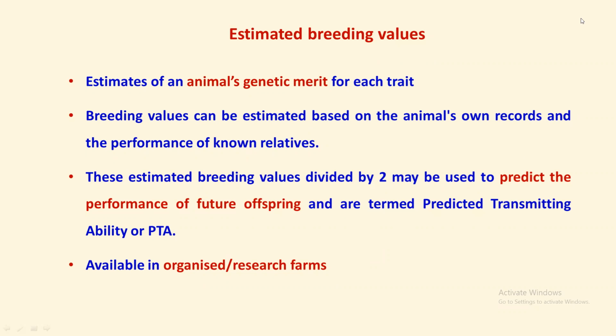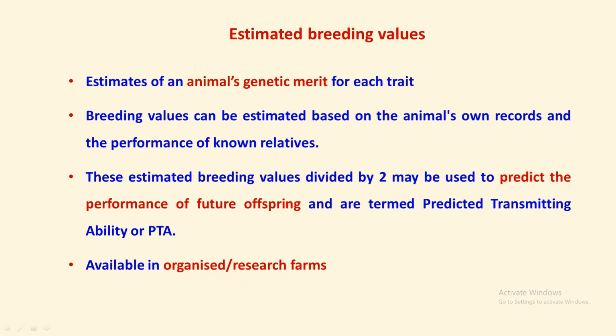Estimated breeding value, as I told, is the most accurate way of selection, as it estimates an animal's genetic merit for each trait correctly. Breeding value can be estimated based on the animal's own records and the performance of known relatives.